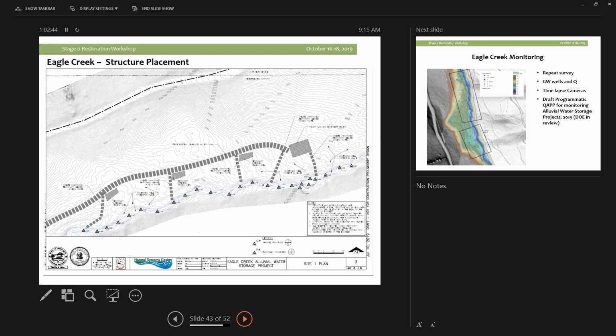We're hopeful that potentially our Eagle Creek projects will have high enough flow to be able to detect the difference, but it's an ongoing key question. And that's one of the reasons all of this does not hinge upon the discharge effect. That's why we're also monitoring groundwater and geomorphic change and potentially vegetation change, to start getting at inferring some of those effects.